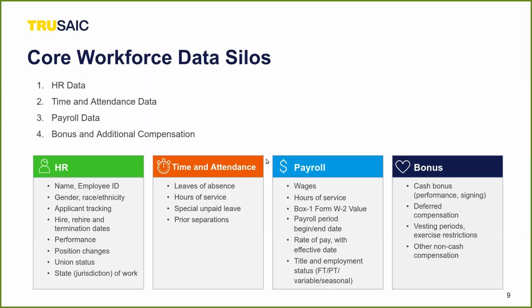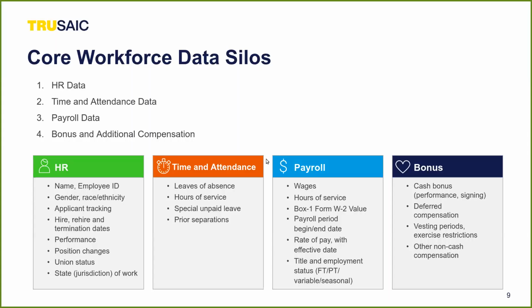Union status, what sector of a workforce is unionized, what the contractual obligations of that collective bargaining agreement are, is critical to keep track of as well. And then there's jurisdictional differences that we just saw a moment ago. There are different states with different requirements. There are federal requirements, and then there are international requirements if you work in multiple nations. So that's one of these data silos.